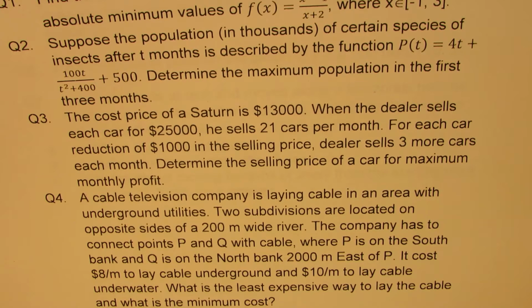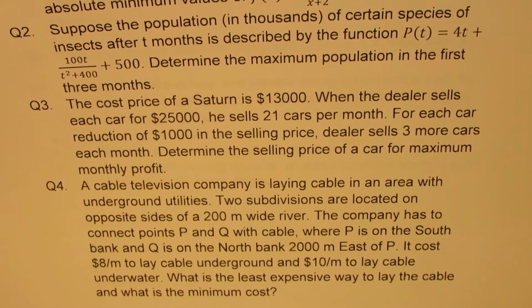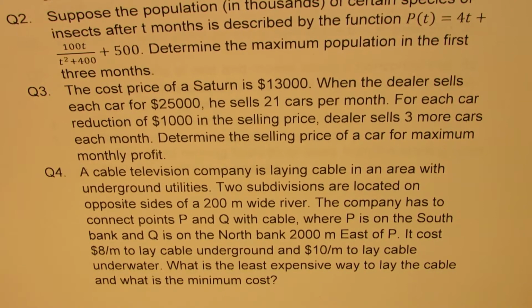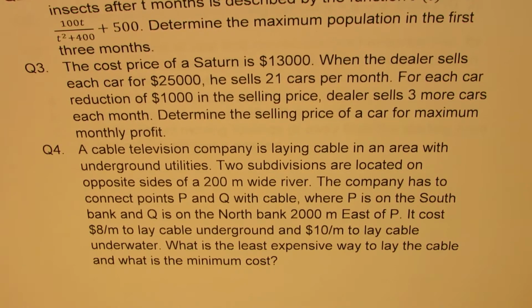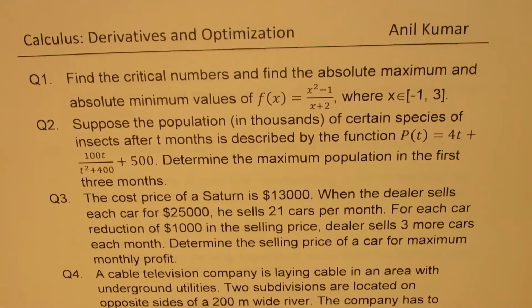The company has to connect points P and Q with cable, where P is on the south bank and Q is on the north bank 2,000 meters east of P. It costs $8 per meter to lay cable underground and $8.10 per meter to lay cable underwater. What is the least expensive way to lay cable, and what is the minimum cost? Right. So these are the first 4 questions.